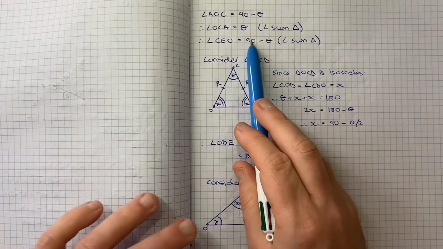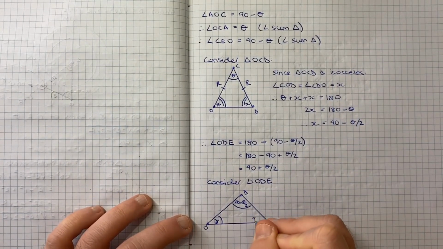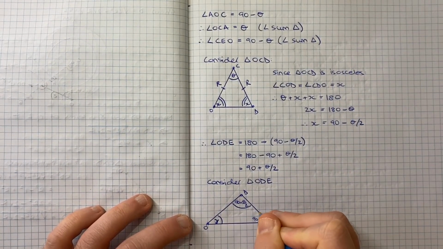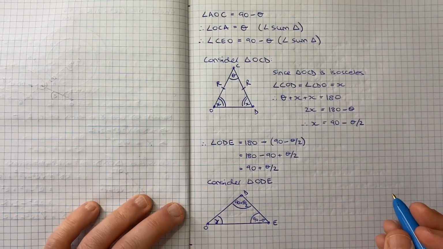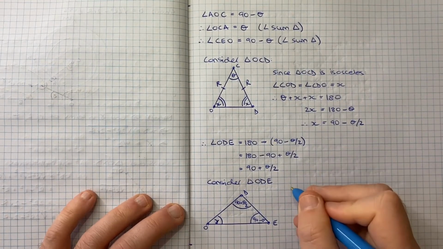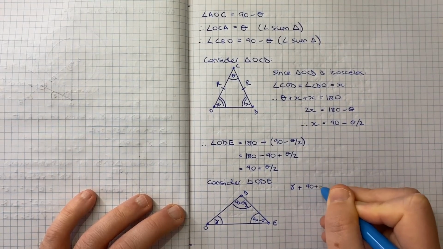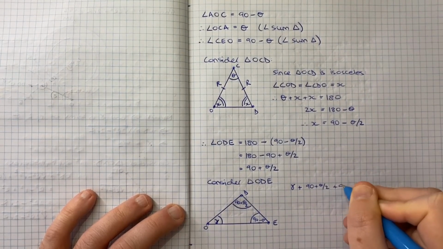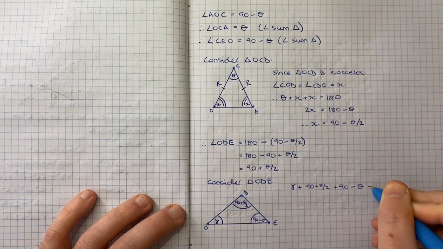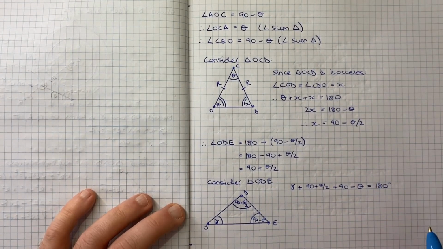That's the 90 minus theta, so 90 minus theta. So we can say gamma plus 90 plus theta on 2 plus 90 minus theta will be equal to 180. That's the angle sum of a triangle.